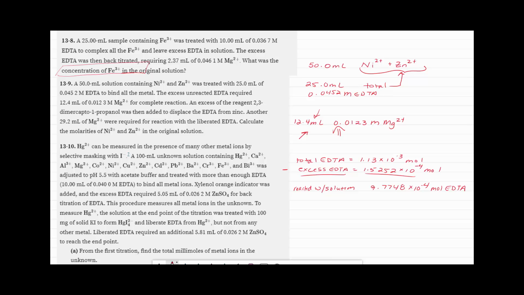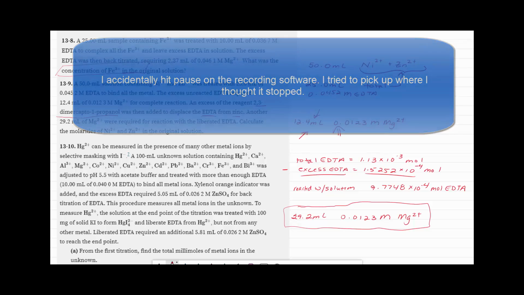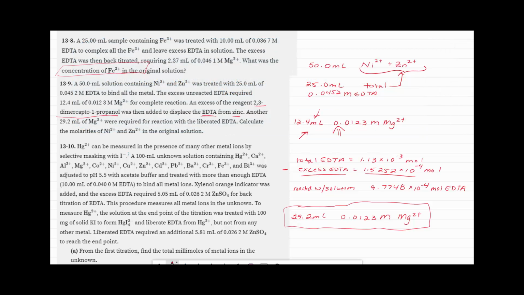Now let's move on to the rest of the question. An excess of the reagent 2,3-dimercapto-1-propanol was then added to displace the EDTA from the zinc. Another 29.2 milliliters of magnesium were required for reaction with the liberated EDTA. The magnesium that had to be added is reacting with the EDTA that the zinc let go of.